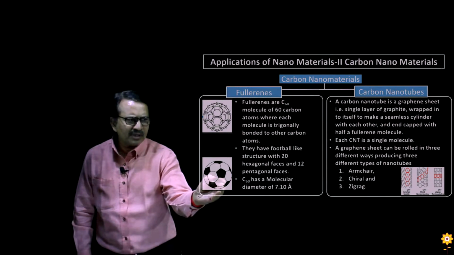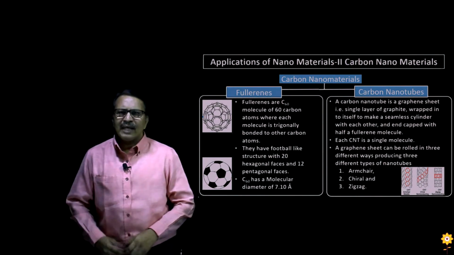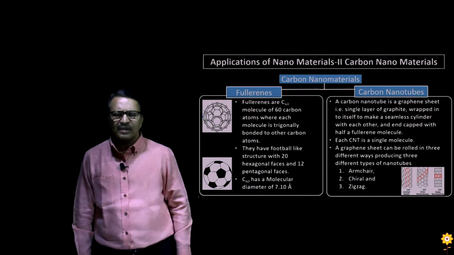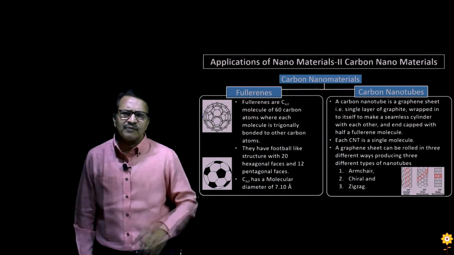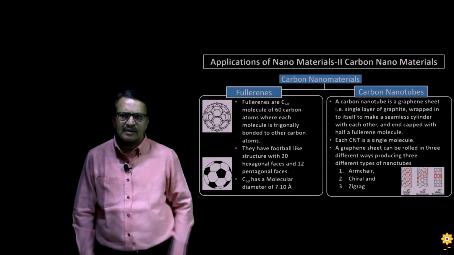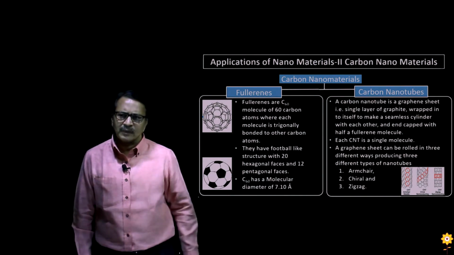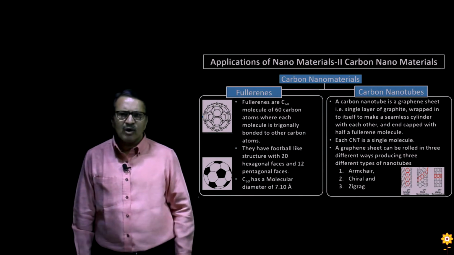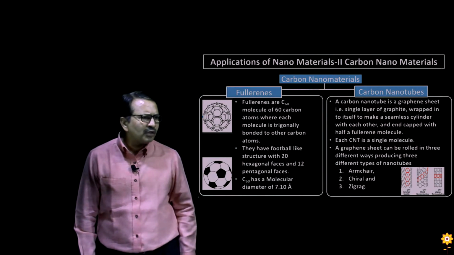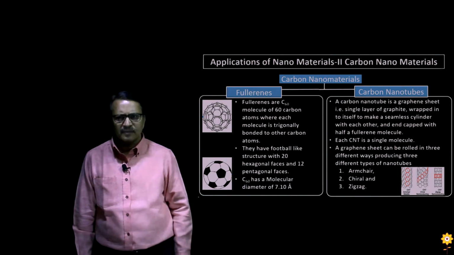So here is the basic structure of a football, for comparison. And as you know, in a football structure, there are 20 hexagonal faces and there are 12 pentagonal faces. And in the same way, we have the C60 molecule. The diameter of a C60 molecule is of the order of 7.10 angstroms.